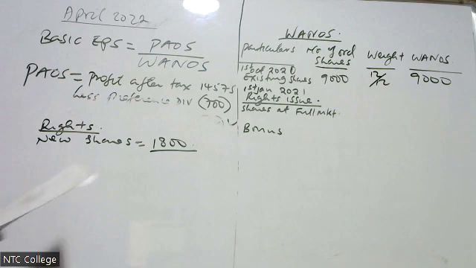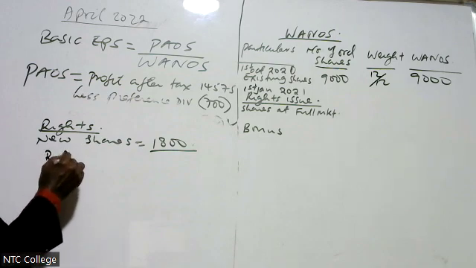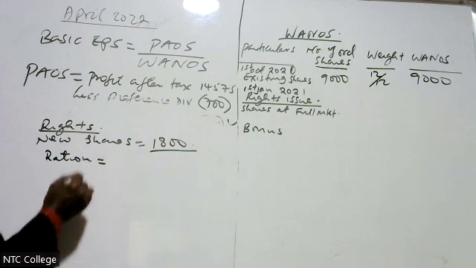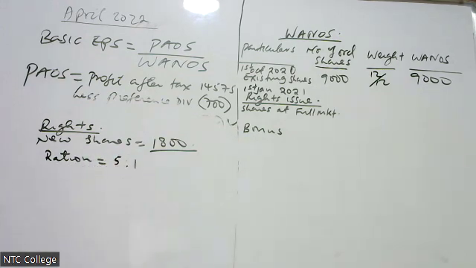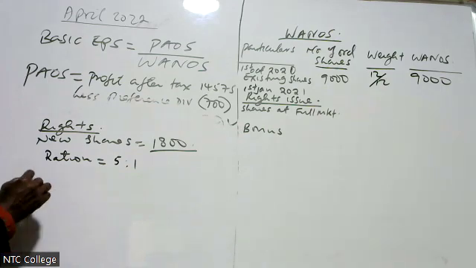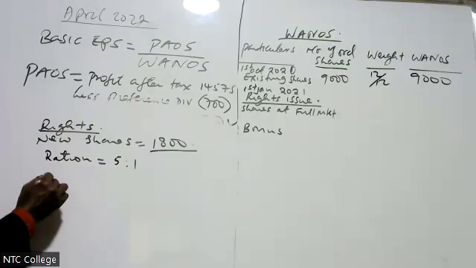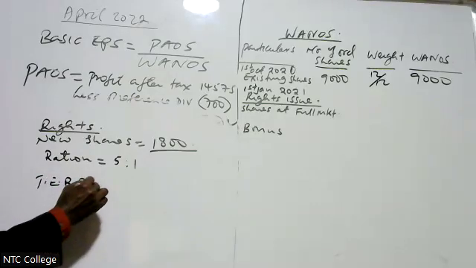Therefore, new shares is 1.8. Then what was the ratio of issuing this? The ratio was for every 5, you get 1. Then we are going to get our theoretical ex-rights price.